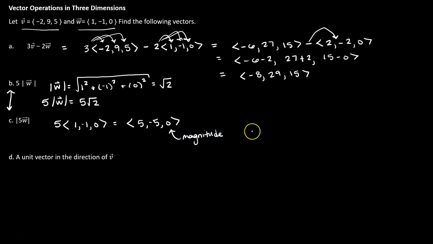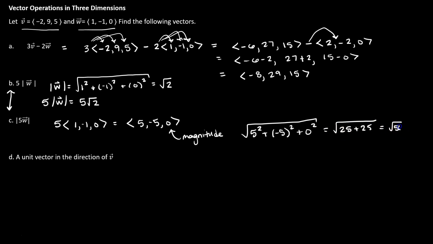So the magnitude is going to be 5 squared plus negative 5 squared plus 0 squared, square rooted. So we've got 25 plus 25 plus 0, or we have root 50.